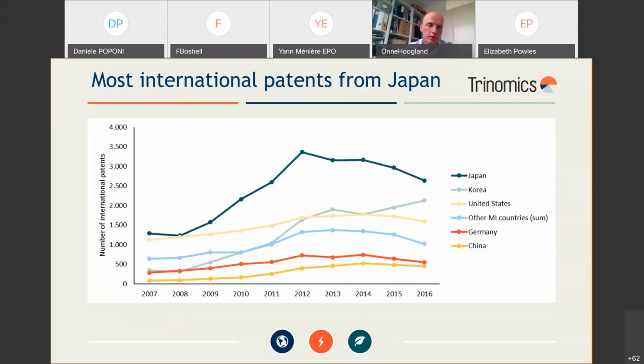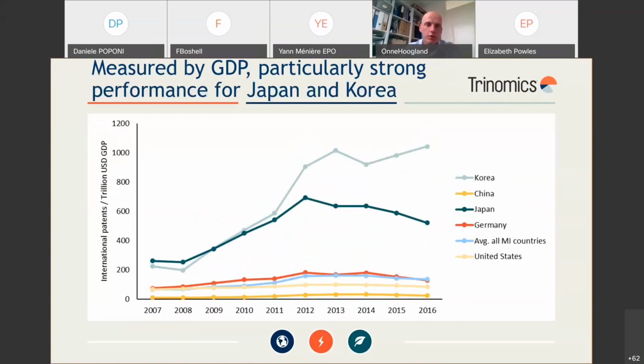Here we also see that it's much more equally distributed. So the group of other Mission Innovation countries that are not mentioned specifically are also responsible for a large number of the international patents. If we scale this graph by GDP, then again Japan and Korea are the top performers in terms of international patents per unit of GDP.